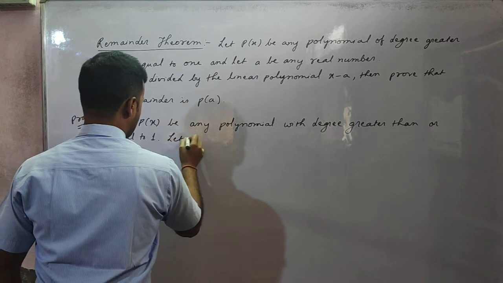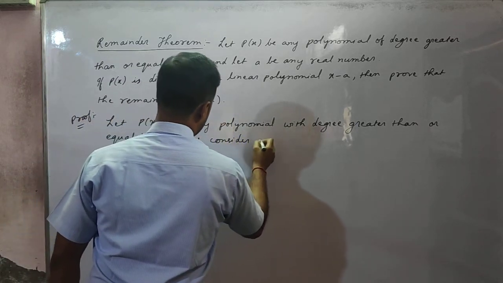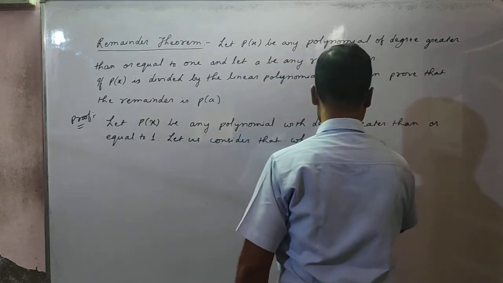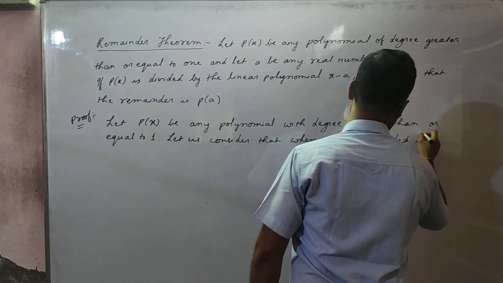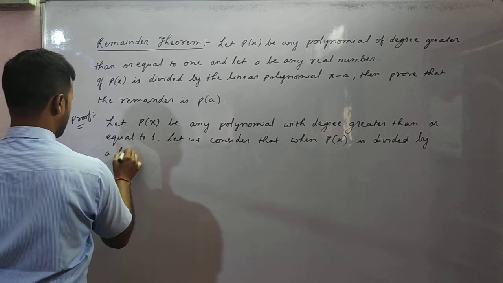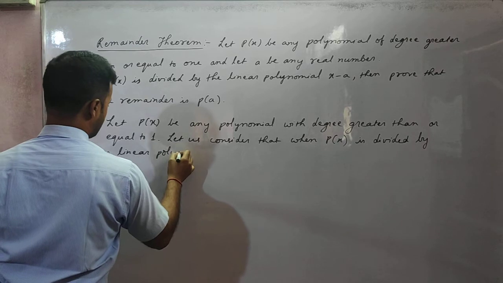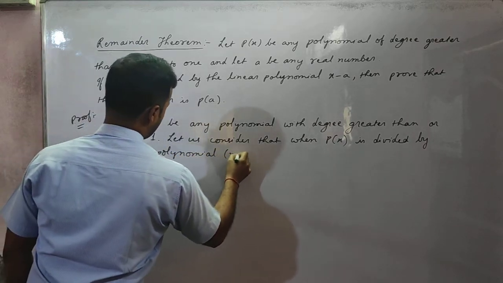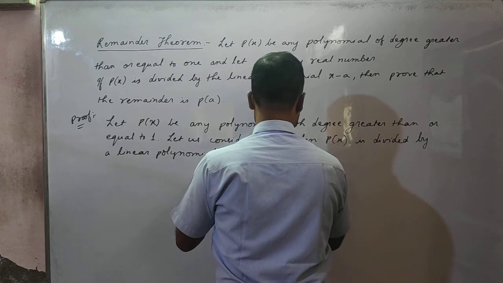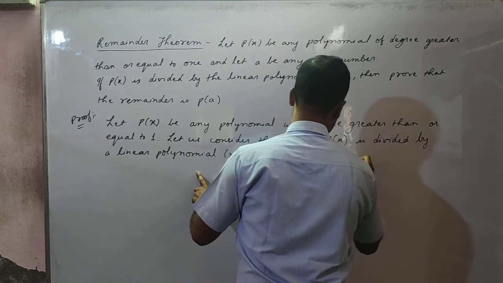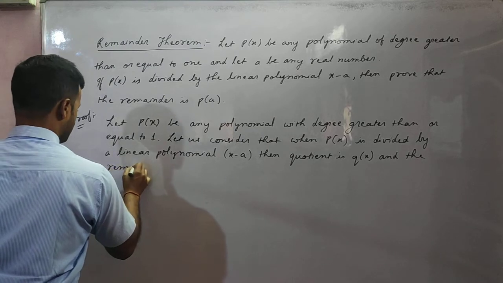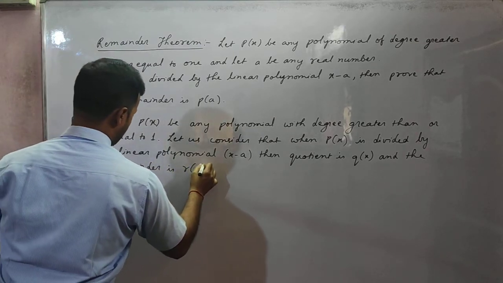So let us consider that when p(x) is divided by a linear polynomial x minus a, then the quotient is q(x) and the remainder is r(x).